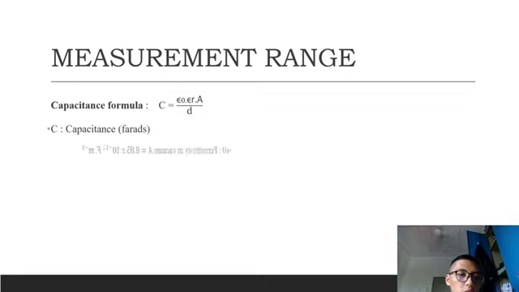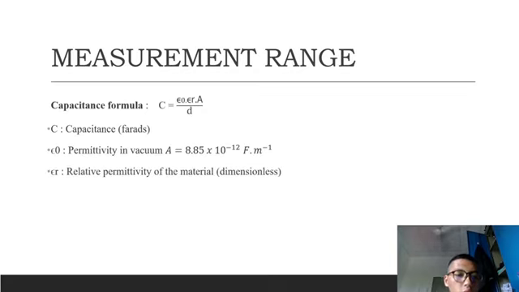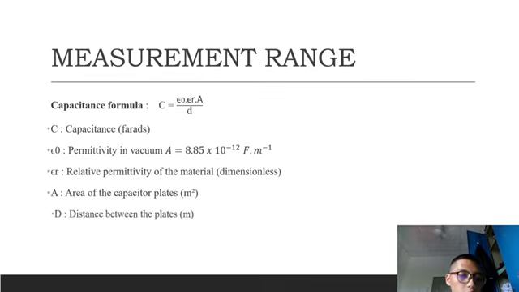C is the capacitance. Epsilon naught is the permittivity in a vacuum, a constant value of 8.85 times 10 to the power of negative 12. Epsilon R is the relative permittivity of the material, dimensionless. A is the area of the capacitor plates. And d is the distance between the plates.